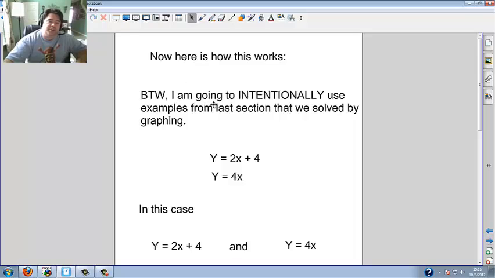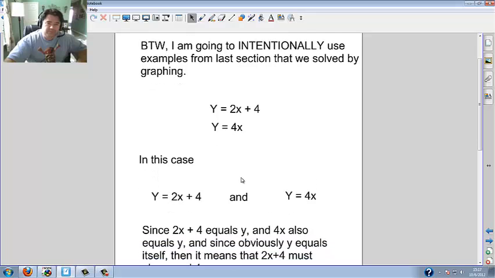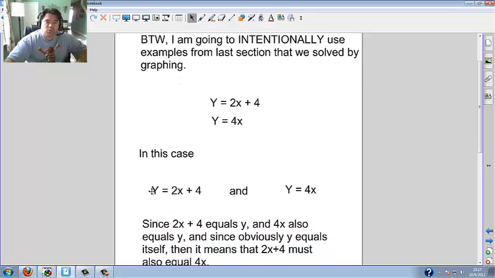By the way, I'm going to intentionally use examples from the last section from 6-1 that we solved by graphing. This shows you that you can use either method and get the same result. Take a look here. I have y equals 2x plus 4, and now I have y equals 4x. Now, in this case, because y happens to equal 2x plus 4 and the y happens to equal 4x, they both equal the y.